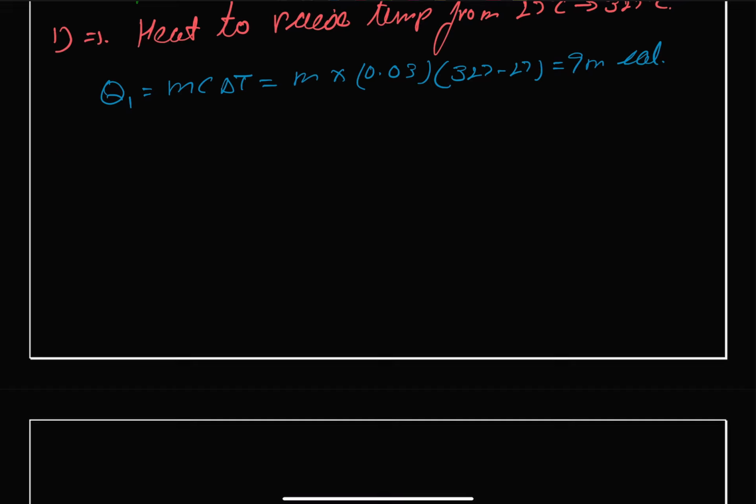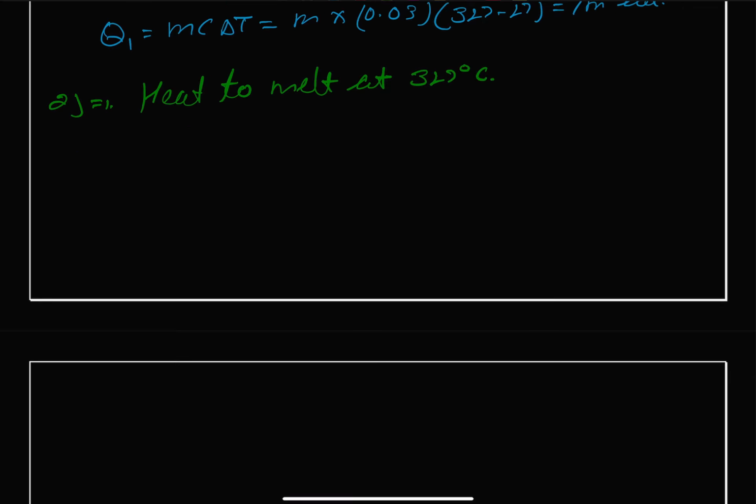Now the second is our heat to melt at 327 degrees centigrade. So we get that Q2 is equal to m multiplied by L. L is the latent heat, which is given as 6, so this comes as 6 times m calorie.